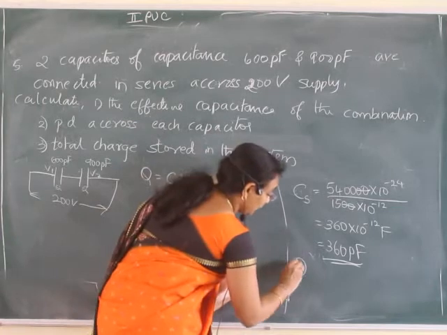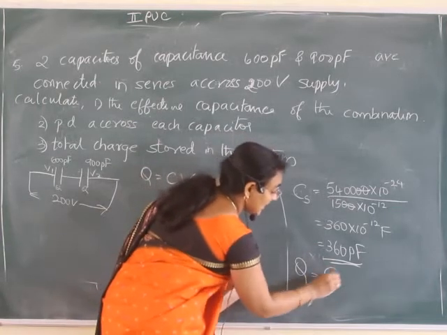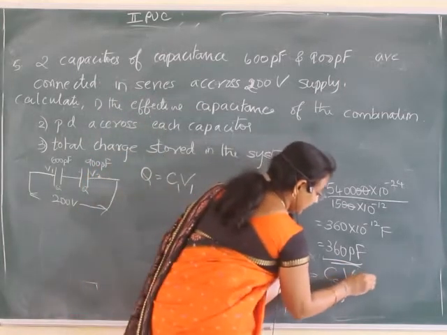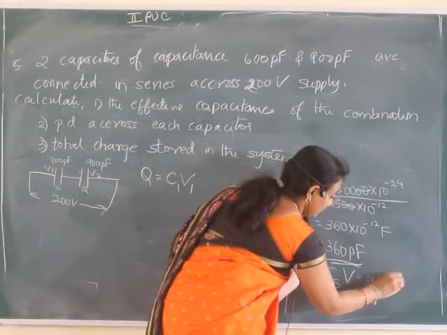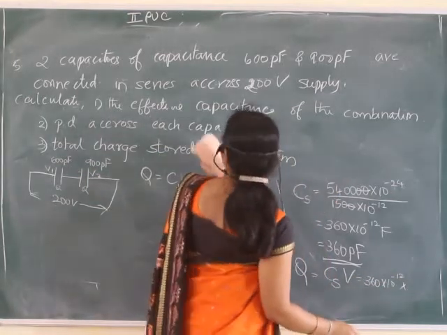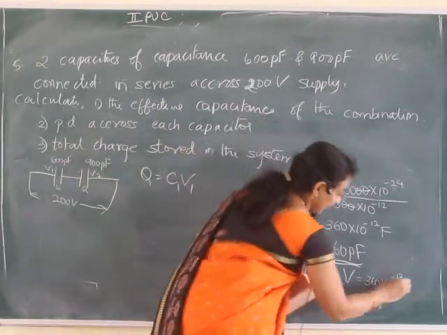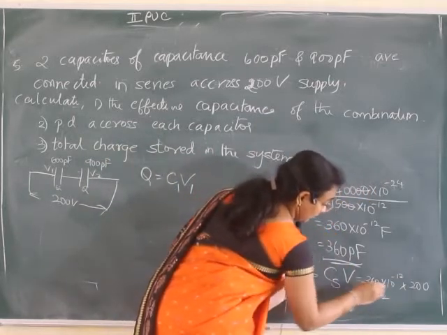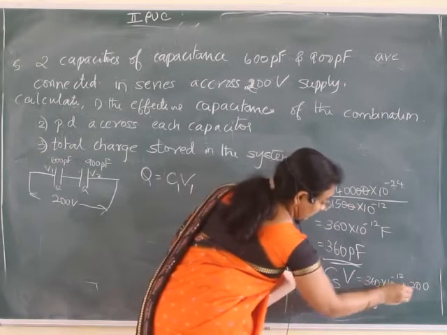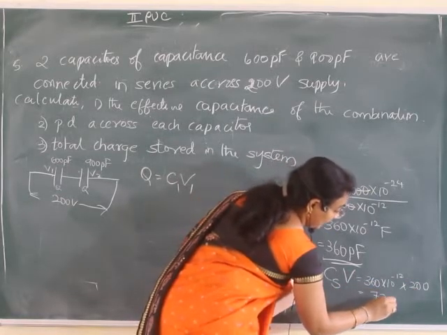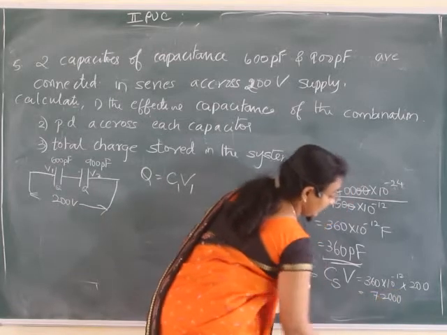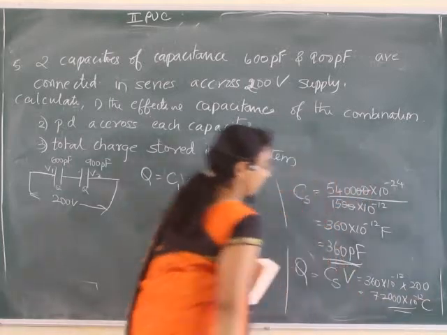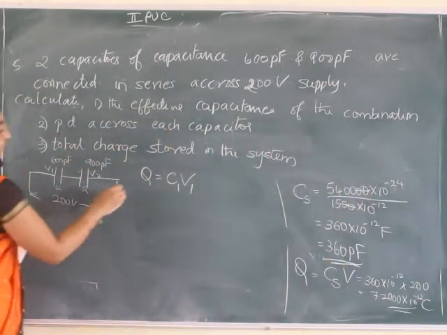So I can write total Q is equal to Cs into V. Substitute 360 into 10 to the power minus 12 into 200, our supplied potential. So the answer is 72,000 into 10 to the power minus 12 coulomb. Correct? So we know Q now.